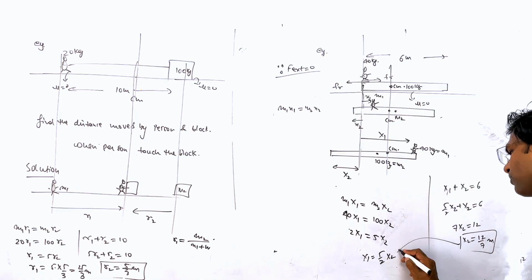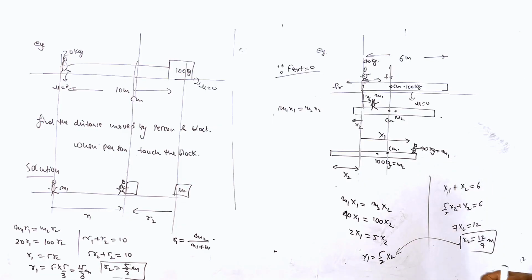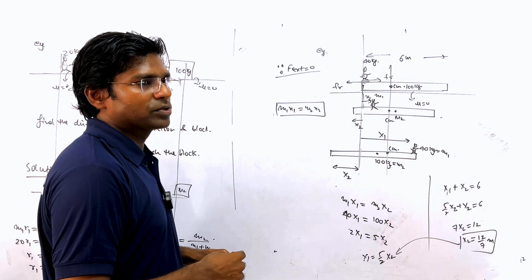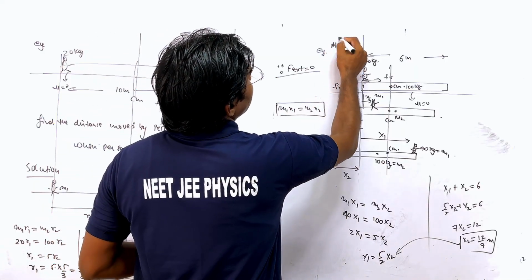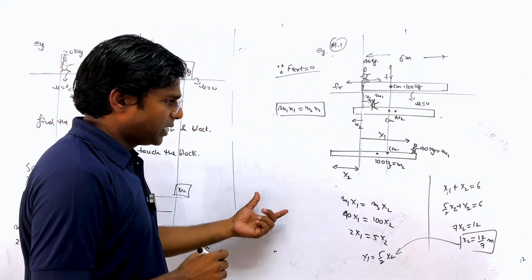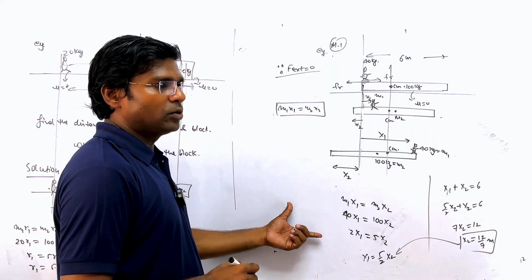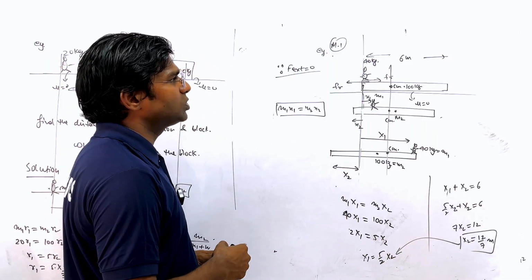And then you can find x1 also. Do you understand this question or not? This is based only on m1 x1 is equal to m2 x2. This is one method to solve this type of question, and it is a very interesting method. But we have another method which is also very important.